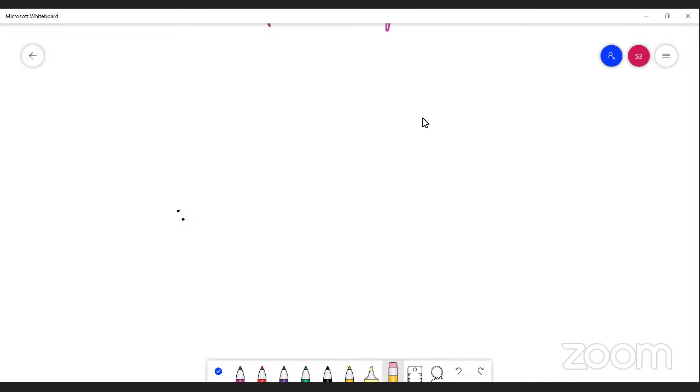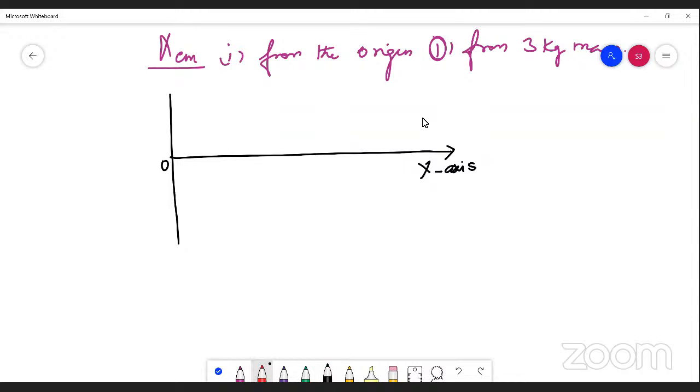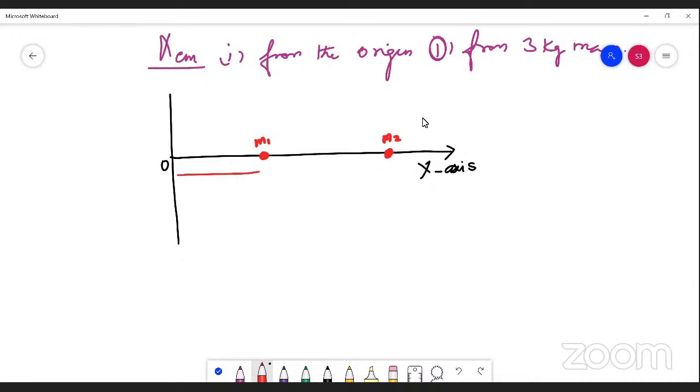You can just go step by step. Actually, they have mentioned this is the x-axis and this is the origin O. Two masses, one mass is M1 and another mass is M2. The masses are at distances 4 meter and 8 meter from the origin.